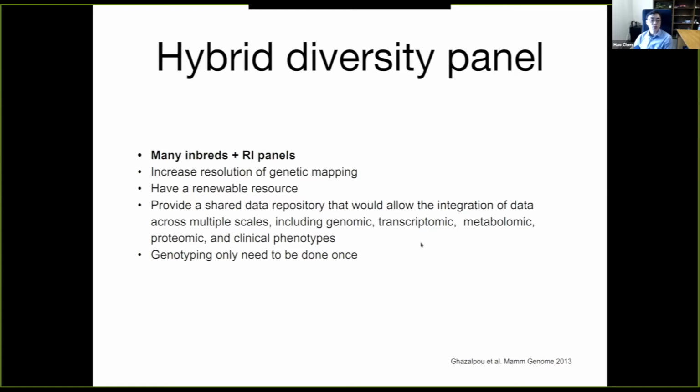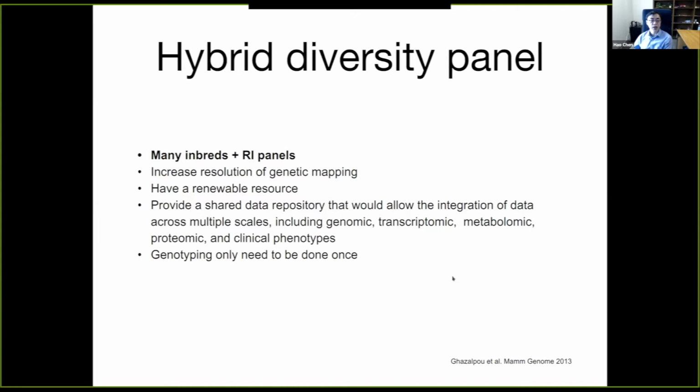Because these are all inbreds, you still maintain the advantage of the inbred strain, which is that this is a renewable resource. You can measure different phenotypes using different individuals, but these individuals all have the same genome. So it's a way to accumulate different types of data from the same genome.